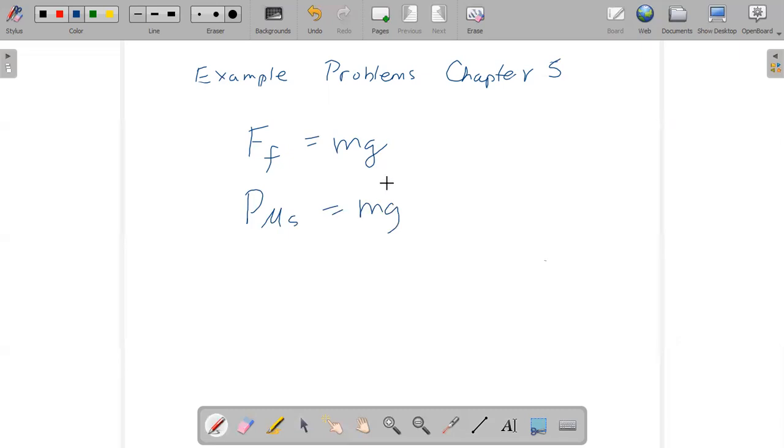The push is 55 newtons, and mu s is 0.41, and that must equal mg, which would be 32 newtons. So let's see what we got there. Let me just use their answer.